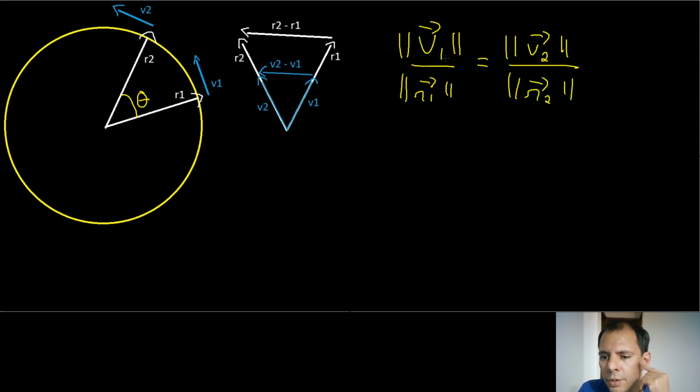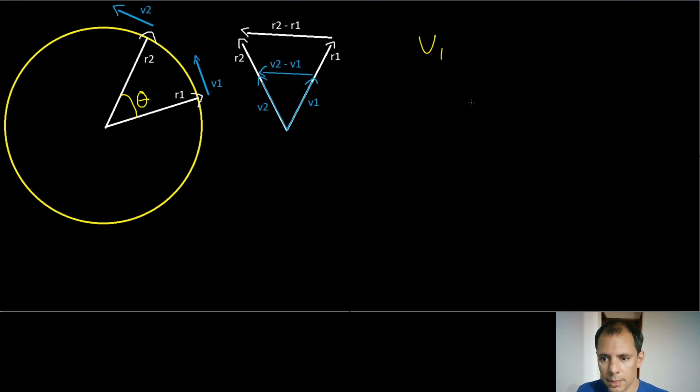So the magnitude of V1 divided by the magnitude of R1 equals the magnitude of V2 divided by the magnitude of R2. Why? Because these two right here have to be equal, right? If they were not equal, the motion would not be uniform. And these two right here have to be equal. If they were not equal, the motion would not be circular. All right. So that's one thing right there.